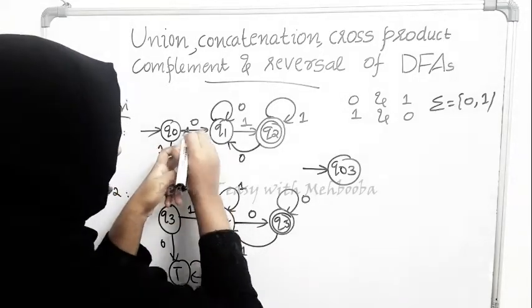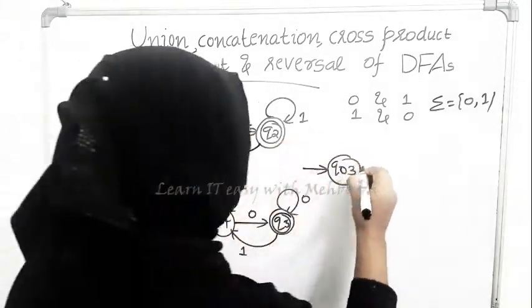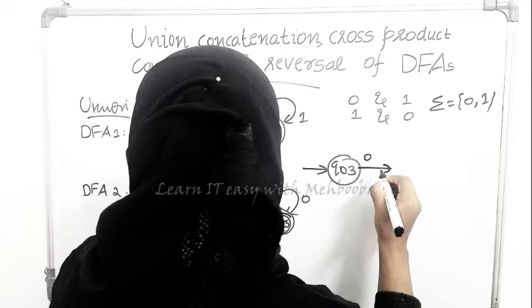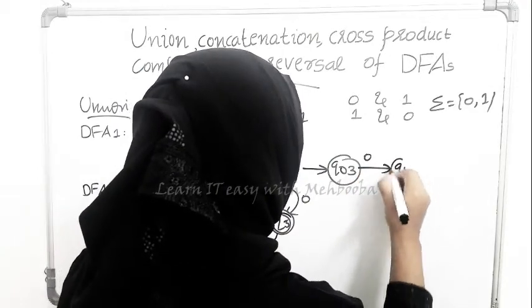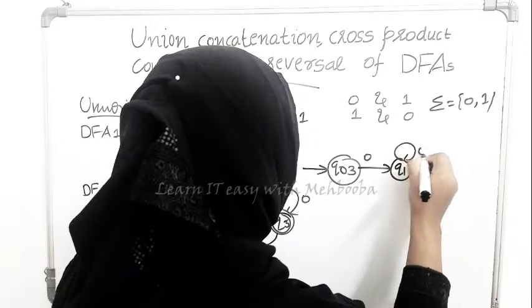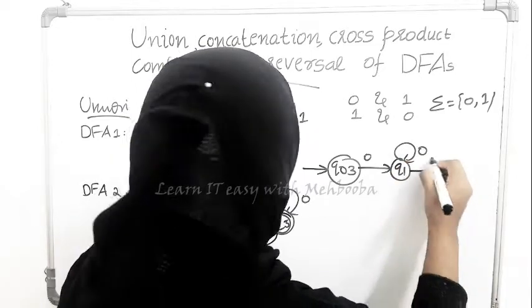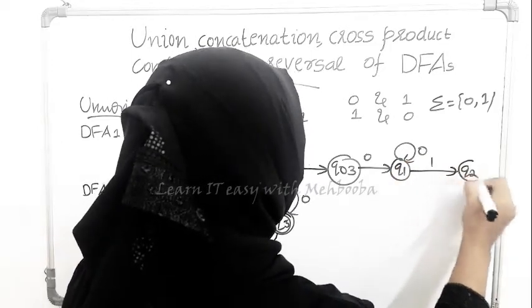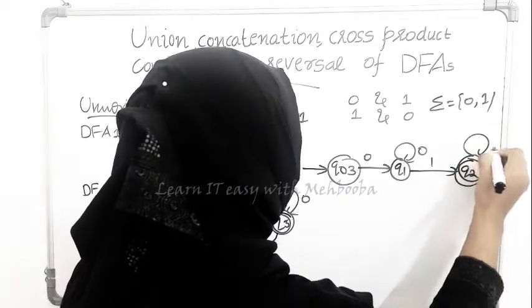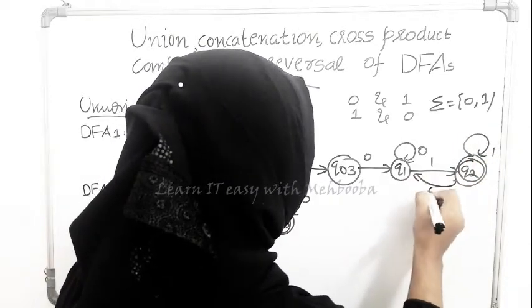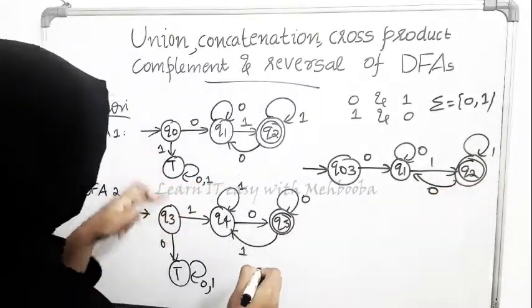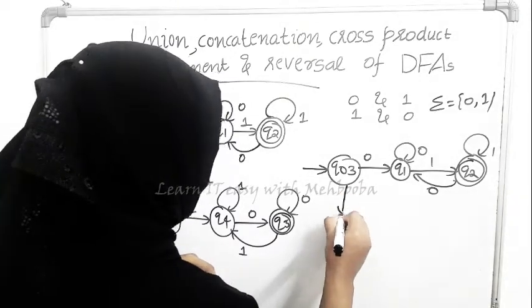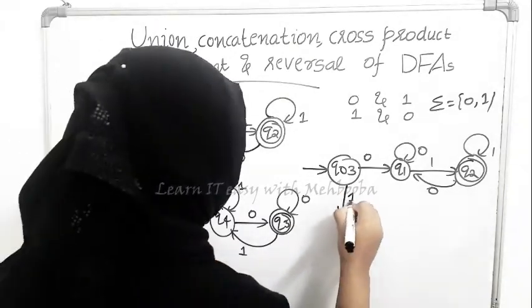Now if it is starting with 0, I can take this path. I am simply copying the DFA without any change, because we have done all the work already. Now if it is starting with a 1, I can take this path.